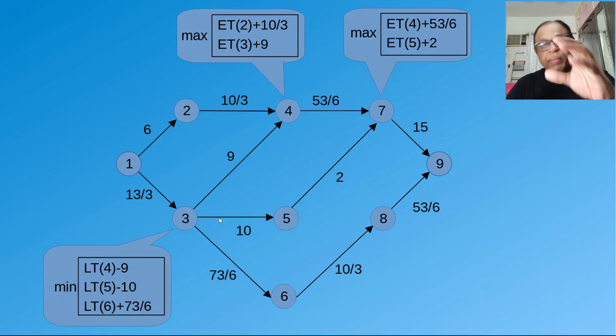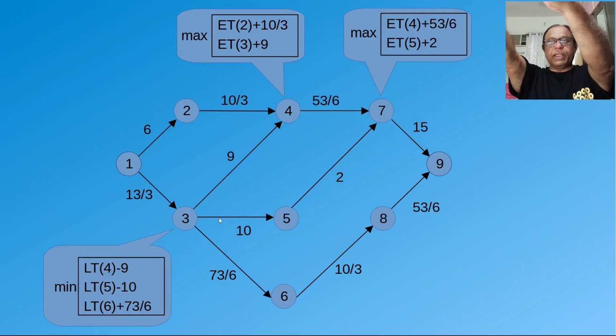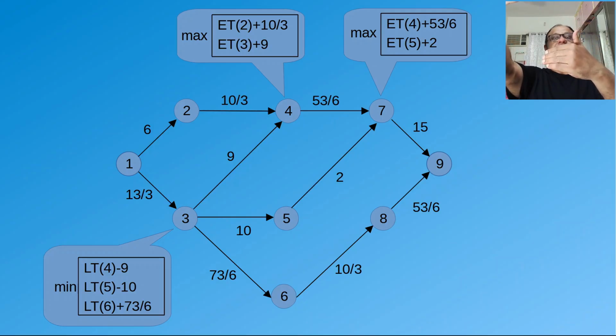Right. The minimum is going to be LT3. That is from the previous one. What it takes is the minimum time to come to the predecessor, because that is the latest we can drag the predecessor close to the next event. Okay, that's the logic behind it.